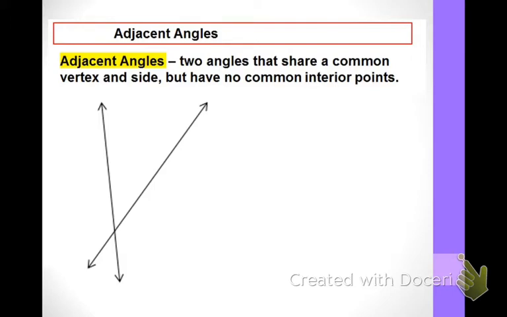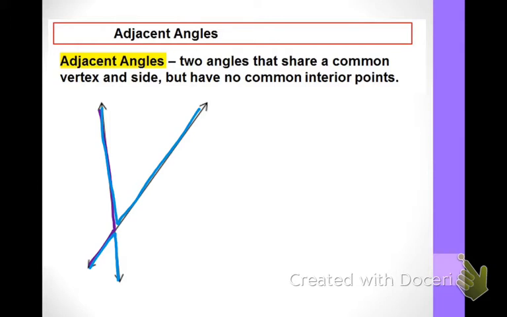In this example, each angle is adjacent to 2 other angles. So like this angle, which I'll highlight in purple, it's adjacent to 2 angles. It is adjacent to this angle, right? They both share this wall together. And it's also adjacent to this angle. They share this wall together. Okay, so again, adjacent, they share a wall.